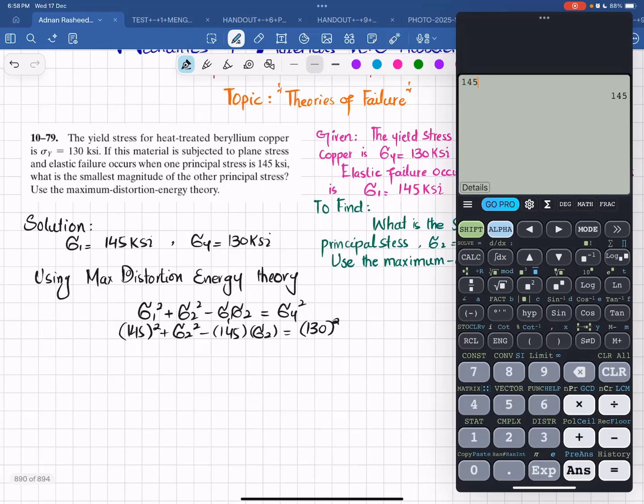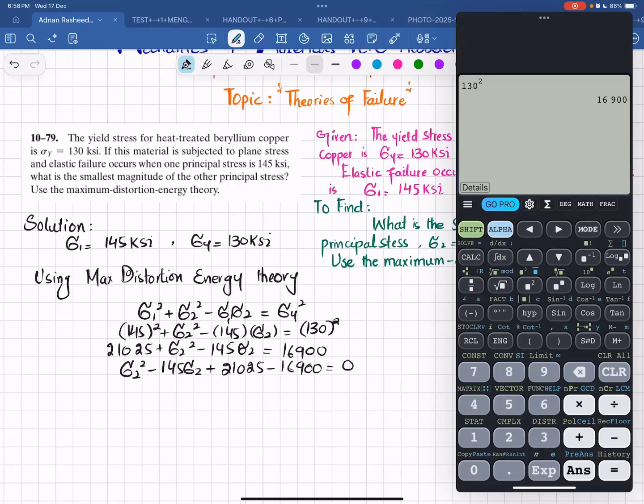So 145 square is 21025, plus sigma 2 square minus 145 times sigma 2, is equal to 130 square, which is 16900. So sigma 2 square minus 145 sigma 2 plus 21025 minus 16900 is equal to 0.